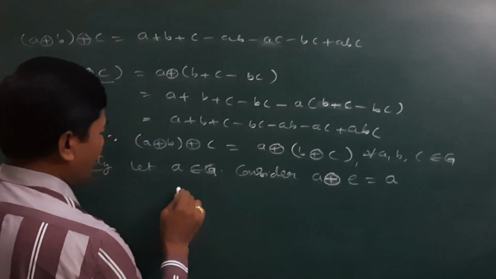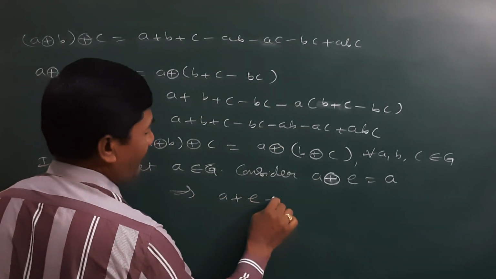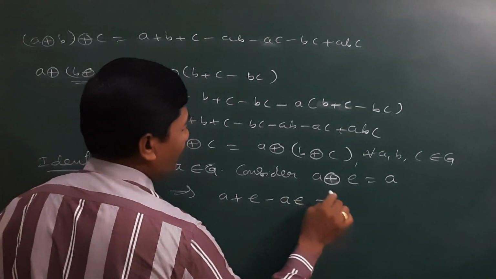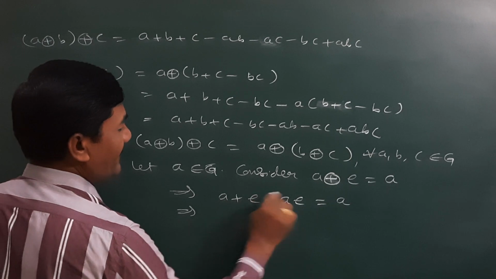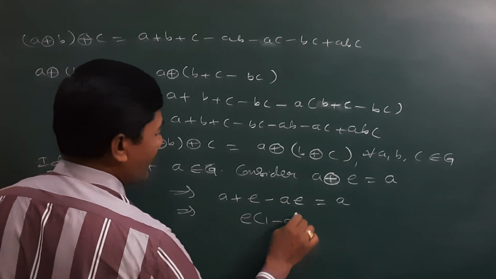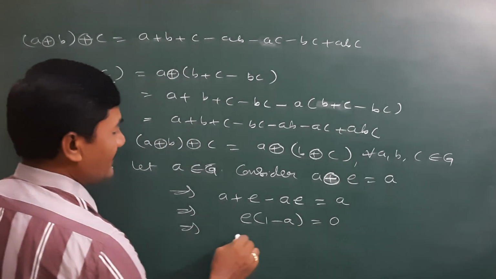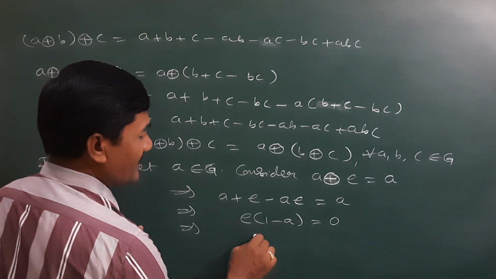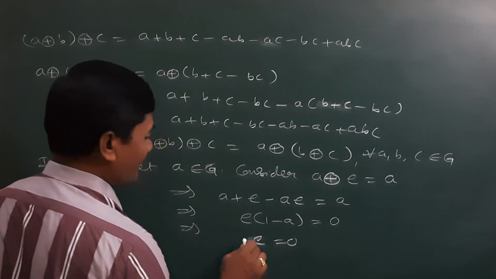Then immediately a + e − ae is equal to a only. That implies, by the cancellation property, a cancels, e is a common term, e(1 − a) is equal to 0. This implies e is equal to 0.